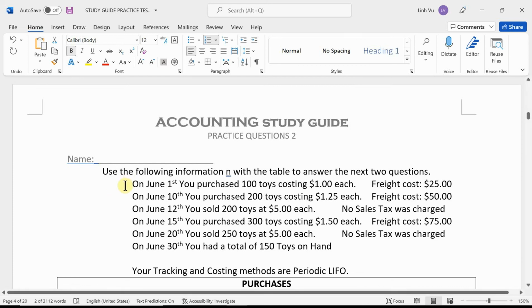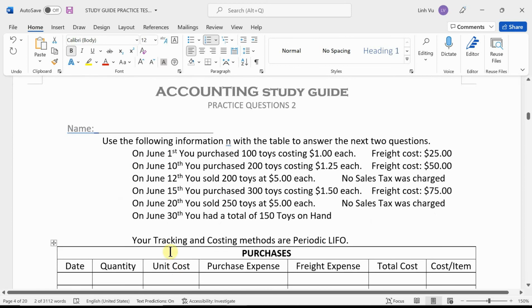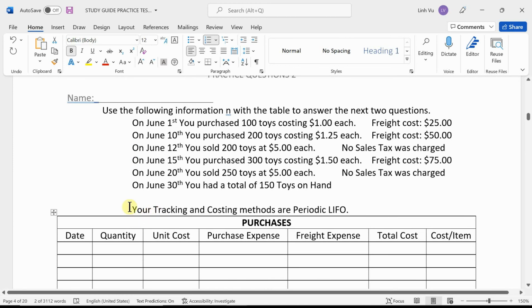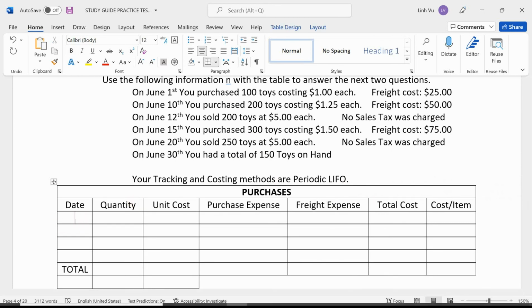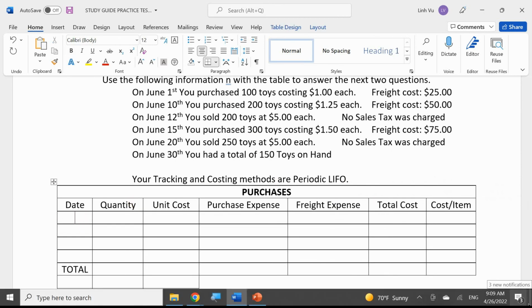Skipping this whole section, the most important thing to look for is that your tracking and costing method is periodic LIFO. On June 1st, you purchase 100 toys costing $1 each with a freight of 25.